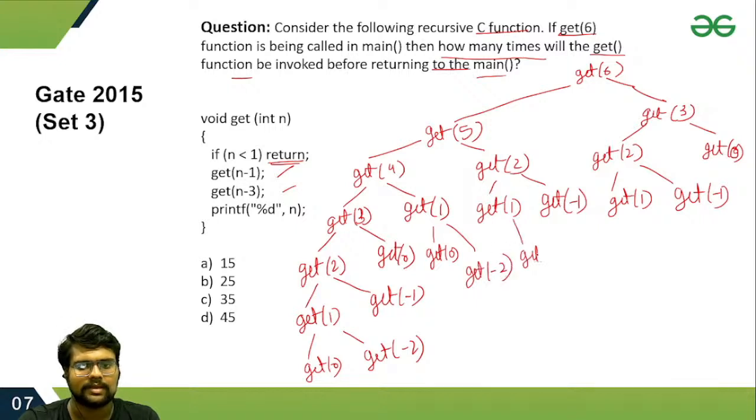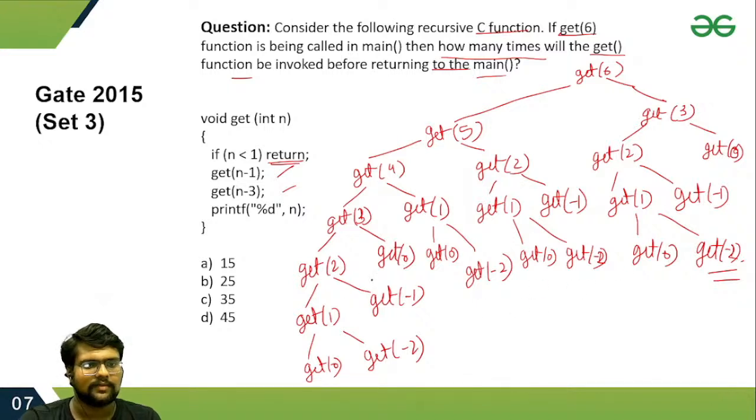Similarly, here also get of 0 will be called and get of minus 2 will be called. And then here also get of 1 is there, so get of 0 will be called and get of minus 2 will be called. So after this, whenever n is less than 1, we will not call anything. Okay. So this many times this function is called.